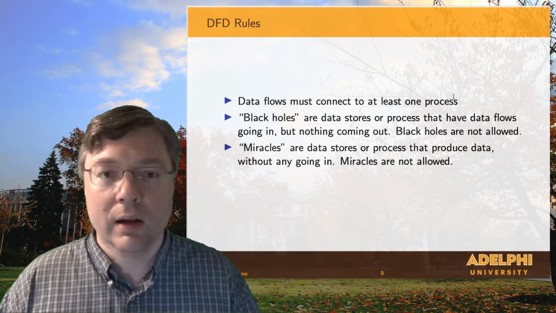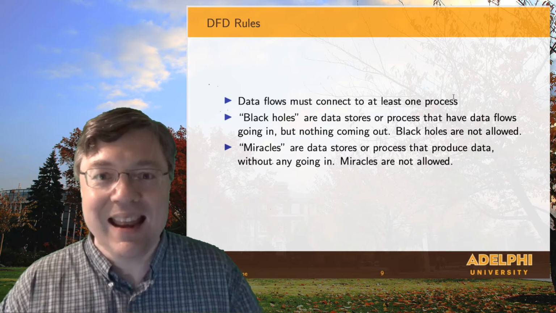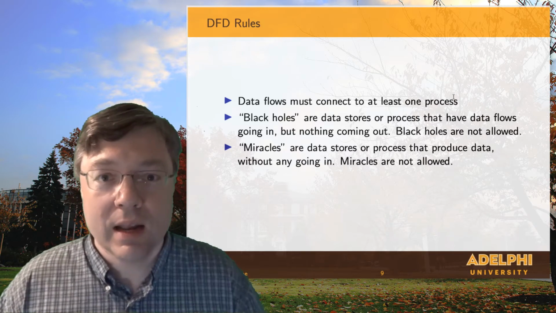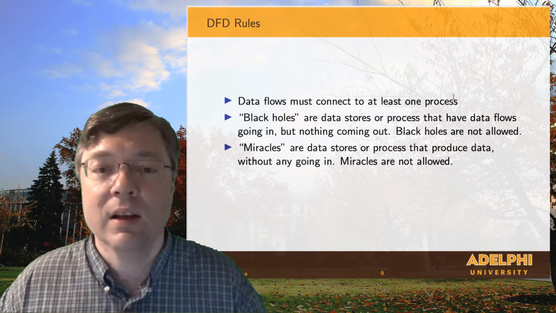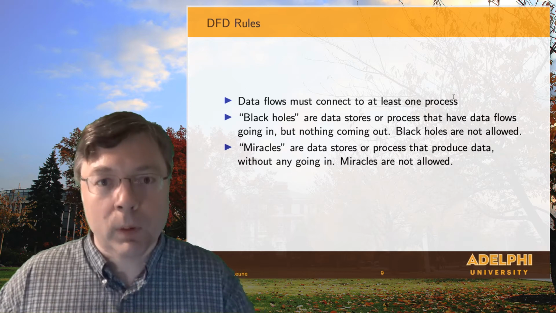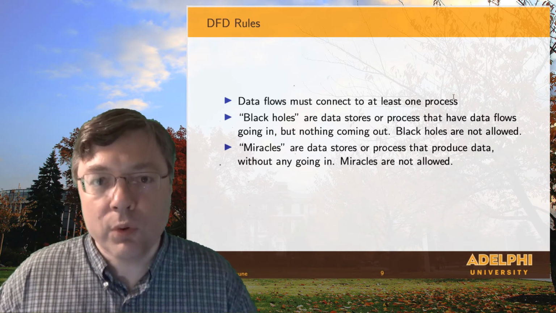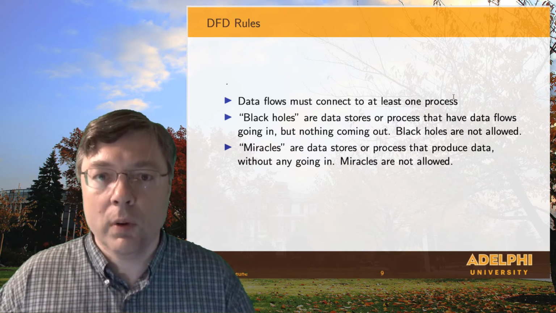We do not allow those. Sorry, wrong way around. A black hole takes in data and doesn't do anything with it, or it doesn't produce any output. Not allowed. What I said first, the thing that spontaneously creates data, that's called a miracle. Also not allowed. And really between these three rules, we have the main key constraints of data flow modeling.